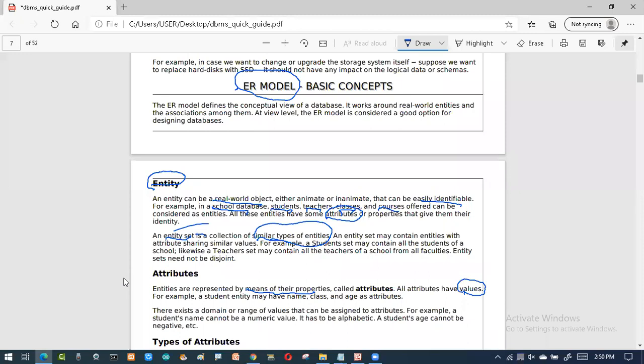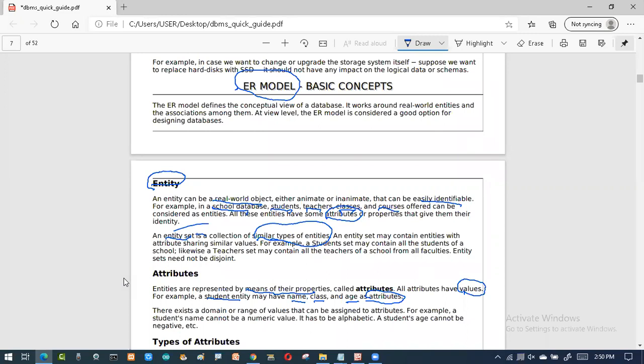Example, if student is an entity, in our case the school database, then name, class, age, phone number, address, these are all the attributes of that particular student entity. The values for that particular student entity will be more for one attribute.